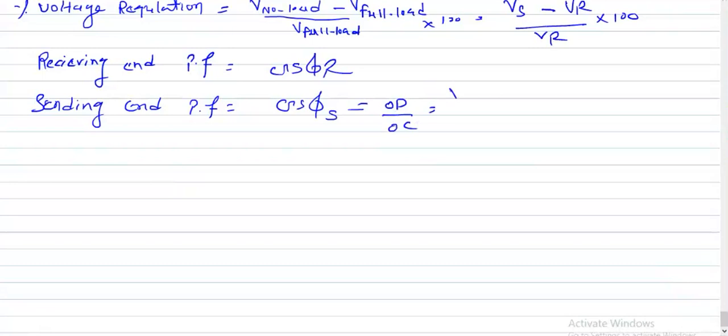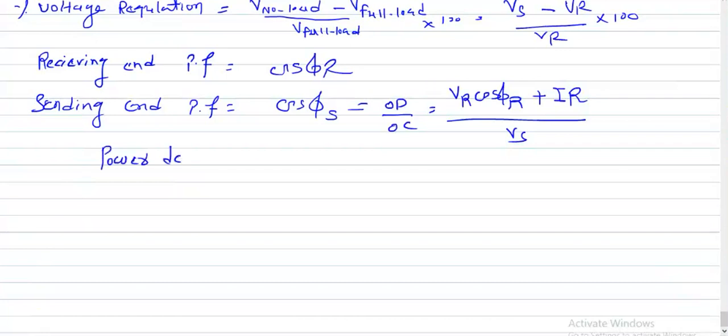In our case it is (VR cos phi r plus I into R) divided by VS. So this is your sending end power factor. Now what is the power delivered at the load side? Sorry, it's a mistake.